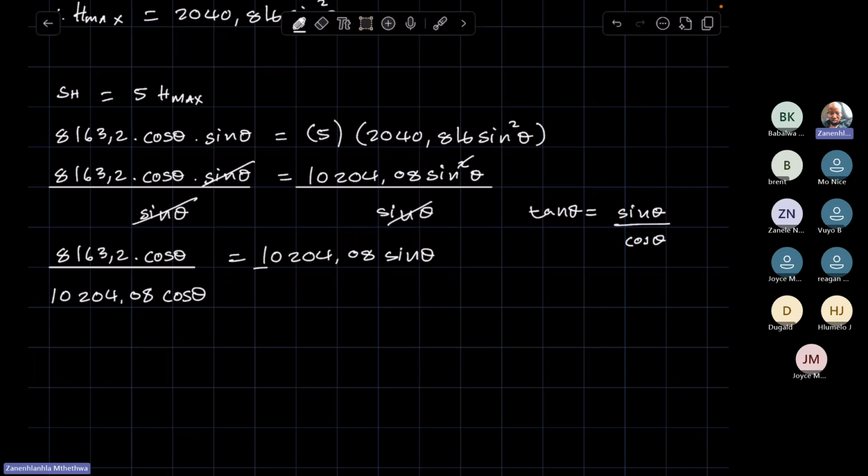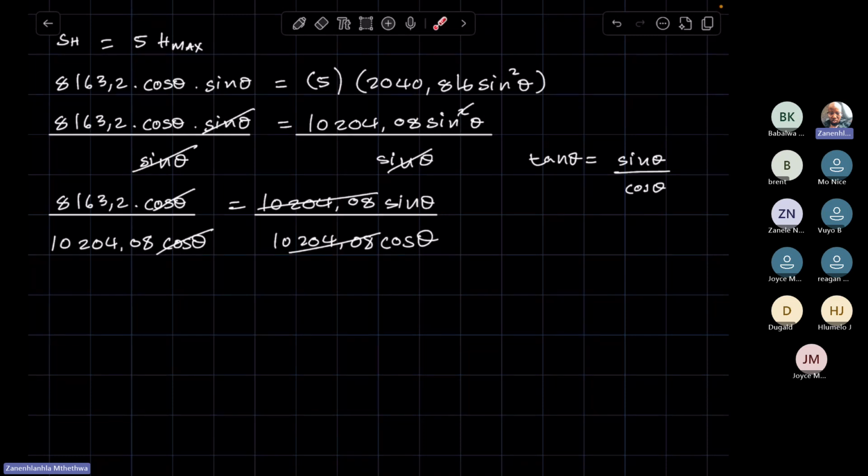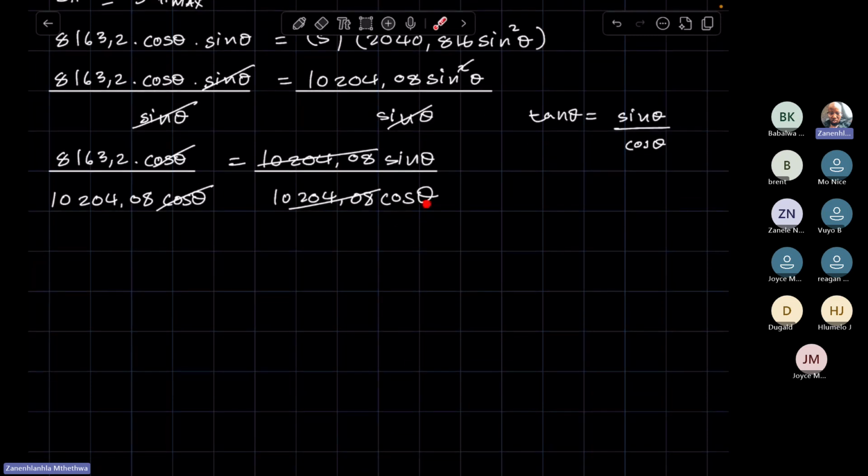And then we do the same thing on the right hand side. We divide by 10204,08 cos theta. Right, and then on this side, obviously that cancels. On the left hand side, that cancels. And essentially what you are left with, sine theta over cos theta is tan theta.